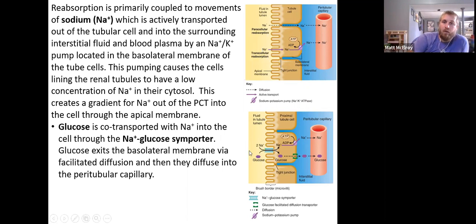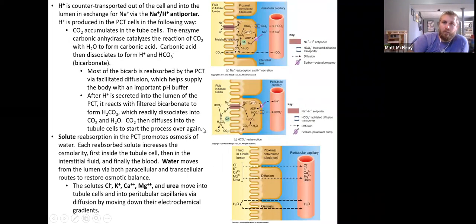In doing so, sodium can come into the cell by way of a sodium glucose symporter, which allows glucose to hitch a ride. So two sodium ions can come into the cell down their concentration gradient, and glucose can piggyback along with it. And once glucose enters the cell, it can just use a glucose transporter to get out of the cell into the interstitial space, where it can then jump back into our bloodstream. It's kind of complicated, but hopefully not too terribly sophisticated in how it all works.